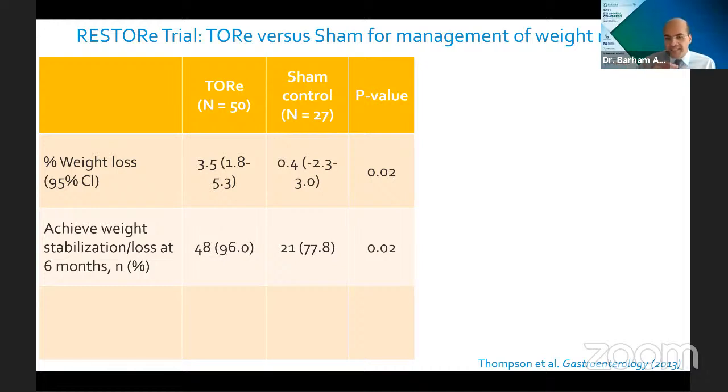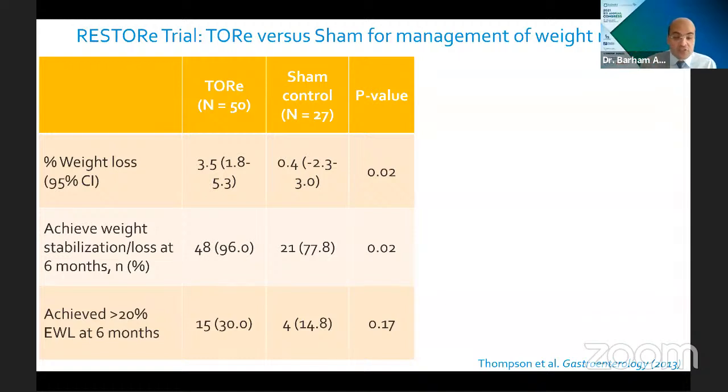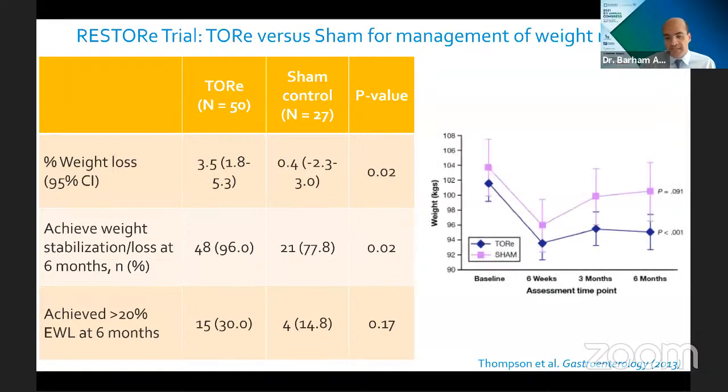In the sham group, 77.8% continued to gain weight. In the procedure group, 96% stabilized the weight regain, and achieving more than 20% excess weight loss at 6 months was double in the superficial TORE procedure using the old EndoCinch device, compared to the sham control, which was 14.8%.